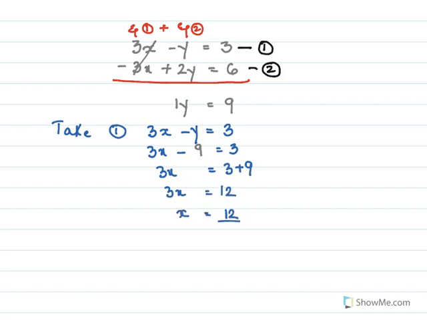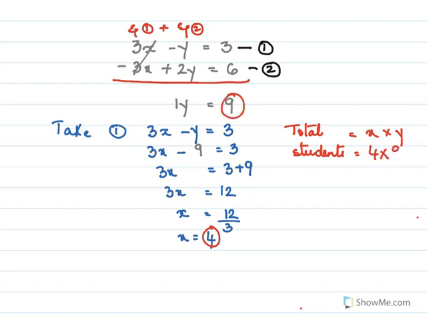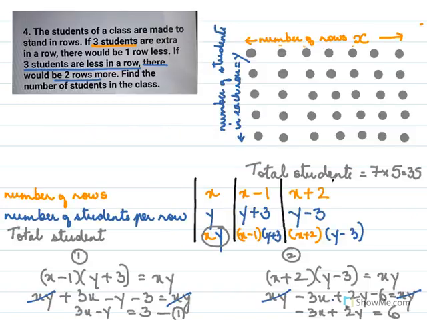So x is 12 by 3, and x is 4. Now to find the total students in the class, you remember we had done it as x into y, because of number of rows and number of students per row. Now in this case, my x is 4 and y is 9. So the total students will be 36.